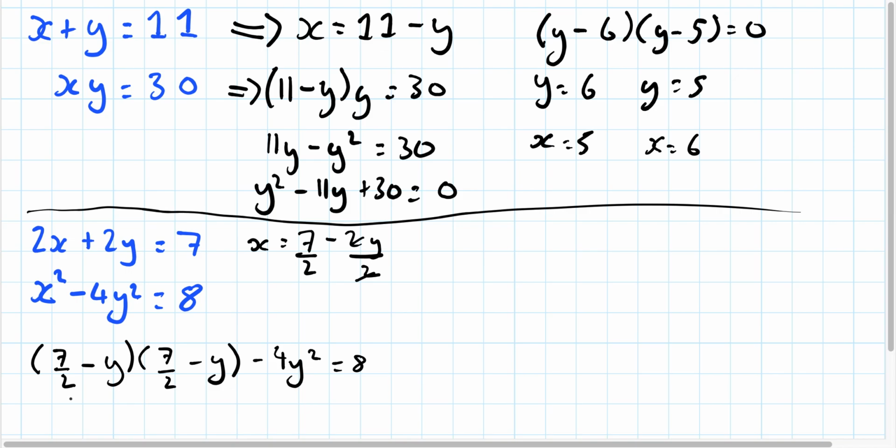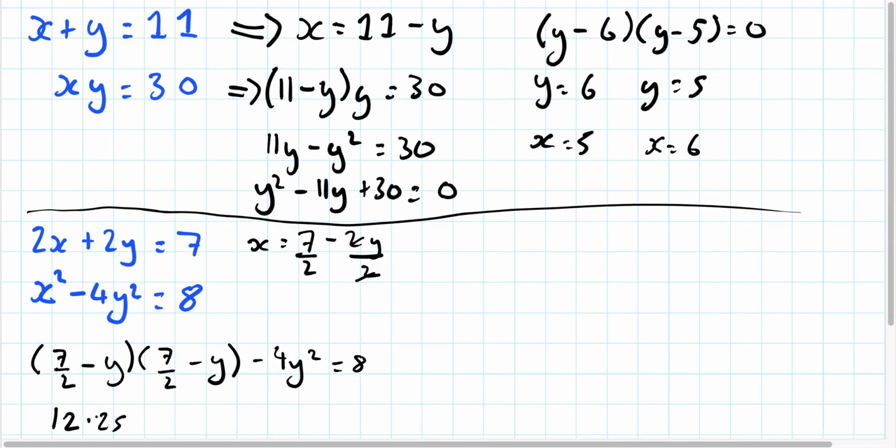Expand all of that. So 7 over 2 squared is going to be 49 over 4. To make my life a bit easier, I'm just going to turn it into a decimal.